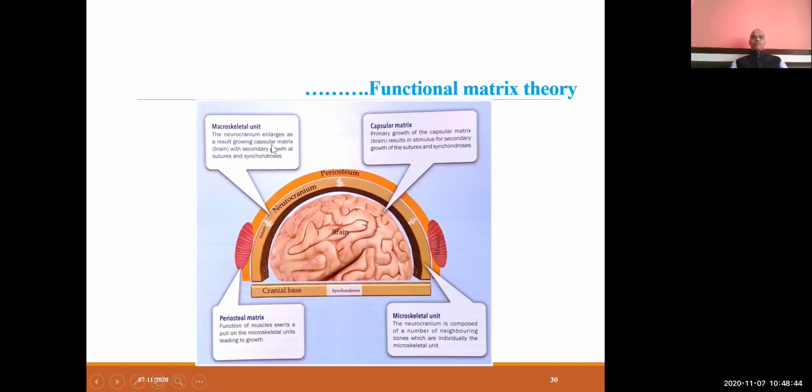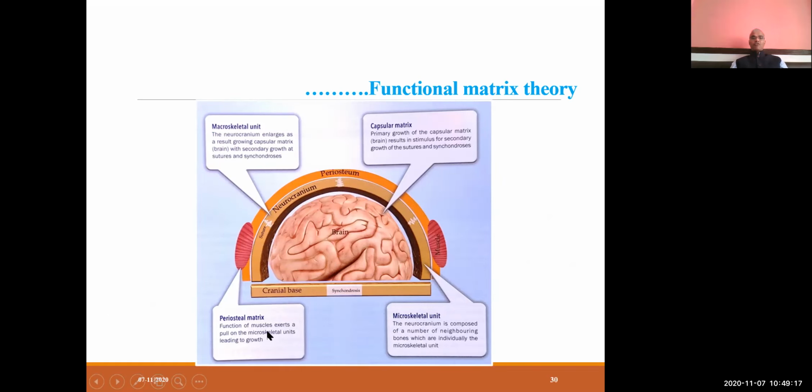These are the macroskeletal unit, capsular matrix, periosteal matrix, and microskeletal units for the brain. In the macroskeletal unit, the neurocranium enlarges as a result of the growing capsular matrix, that is the brain, with a secondary growth at the sutures and synchondroses. The primary growth of the capsular matrix, that is the brain, results in simultaneous or secondary growth of the sutures and synchondroses.